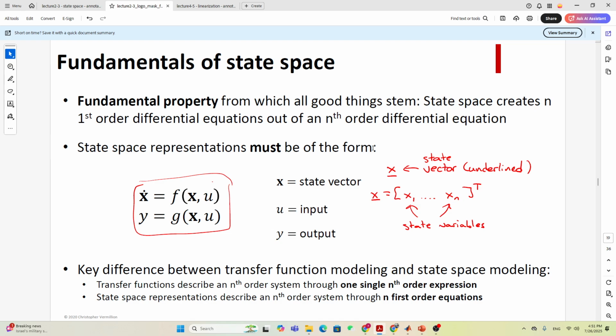If you have a fourth order differential equation, you will create 4 first order differential equations. That means state space model has to be based on first order differential equation, right? Also, state space model must be in the following form, where you have your state vector, input u, output y.